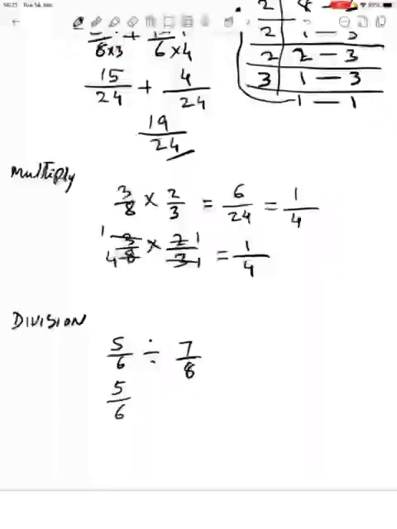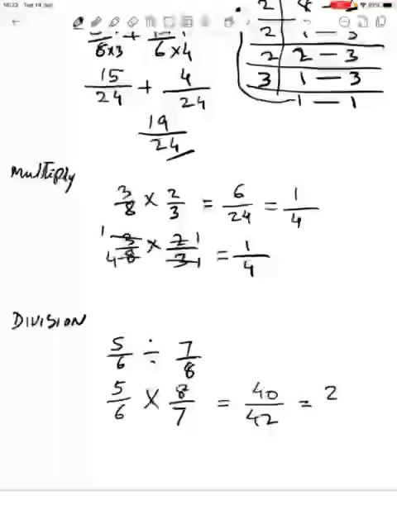And then change the division into multiplication. And then upside down the second fraction, like 8 over 7. Then you have converted into multiplication. We've already done that. Multiply the top together and the bottom together, which will be 40 over 42.